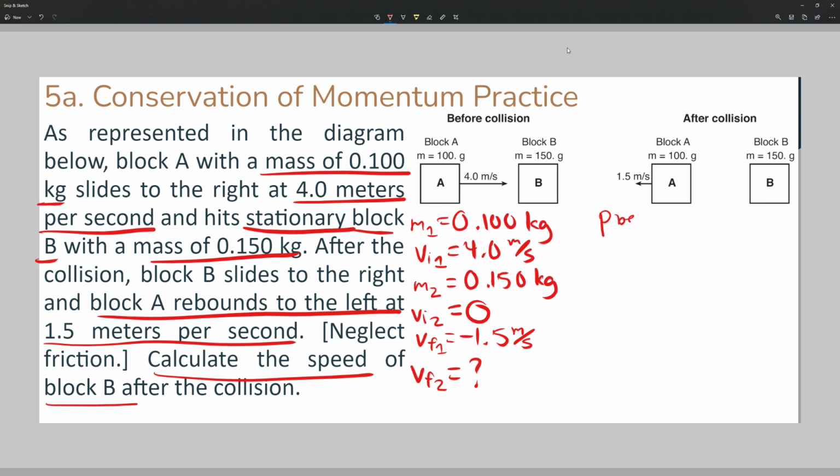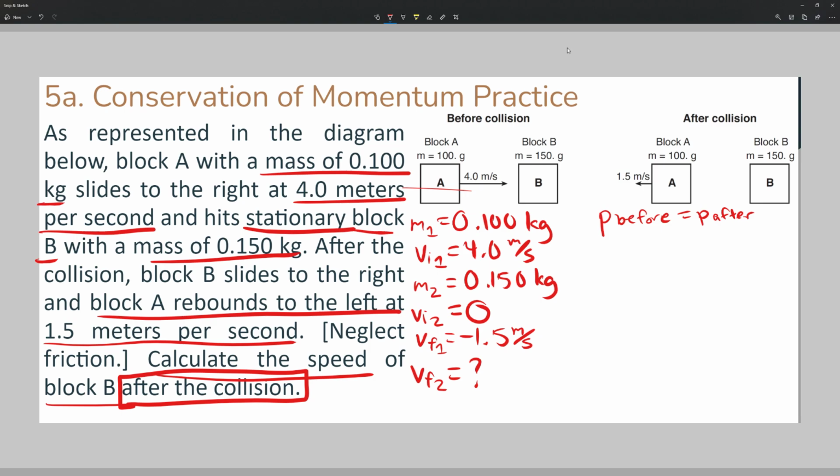So the momentum before the objects collide is equal to the total momentum after. If you're curious how to tell initial from final: if the problem mentions after the collision, that's your momentum after, so you treat it as your final velocity.